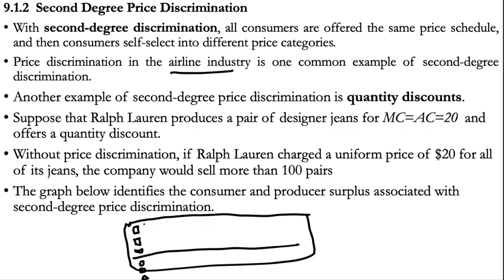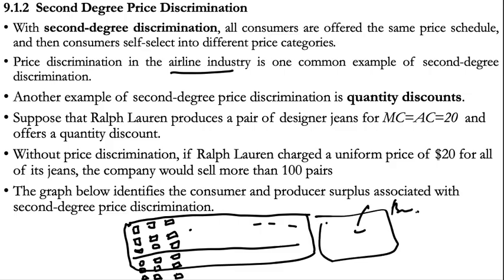I don't want to draw all the squares here, because I just want to give you some idea about the way we book air tickets online, be it Malaysian Airlines or AirAsia or Emirates or whatever. Let's say another compartment here is for business class. I'm not talking about business class compared with economy class. I'm talking about within the economy class itself. I just want to show you second degree price discrimination.